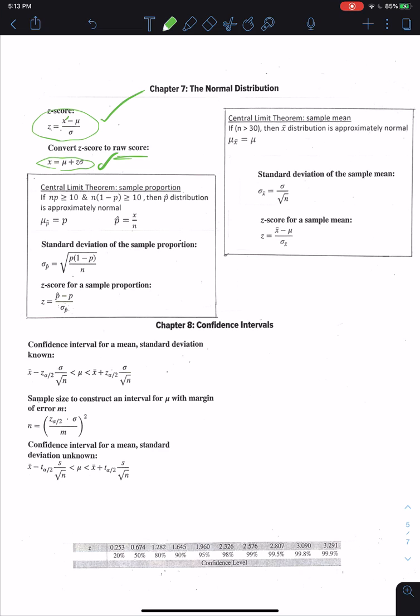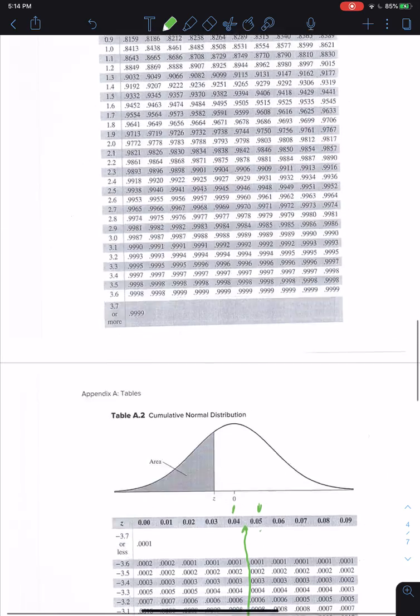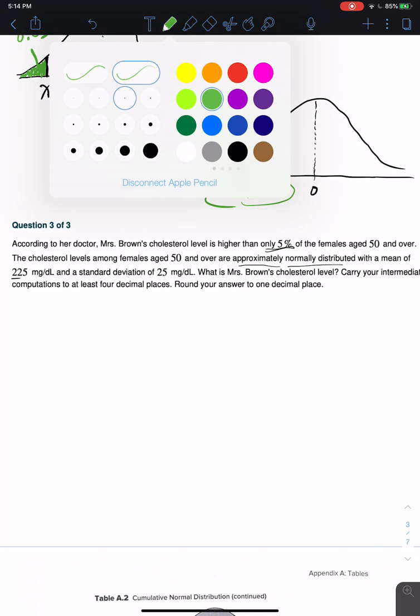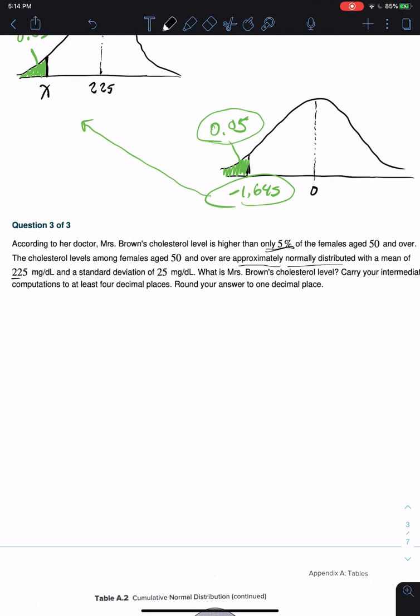So we've got that formula, which is X equals mu plus Z times standard deviation. Once again, you could use Z equals X minus mu over standard deviation, or you could use this one that's manipulated for this situation to find the raw score. X equals mu plus the z-score times the standard deviation.